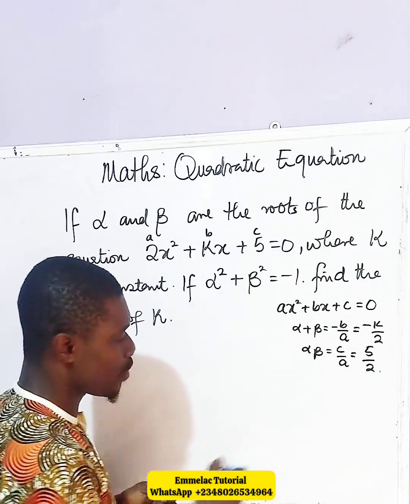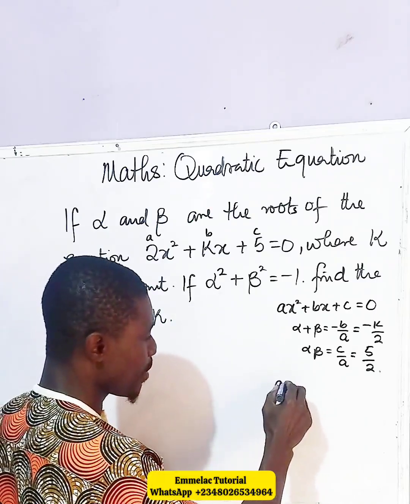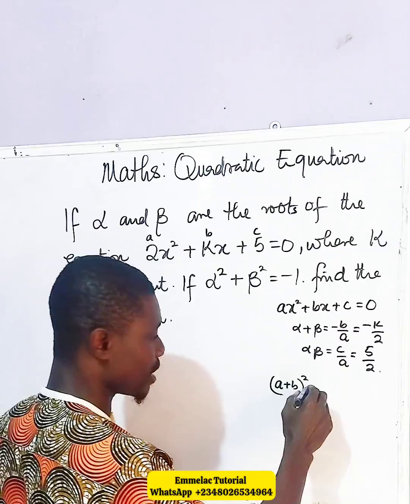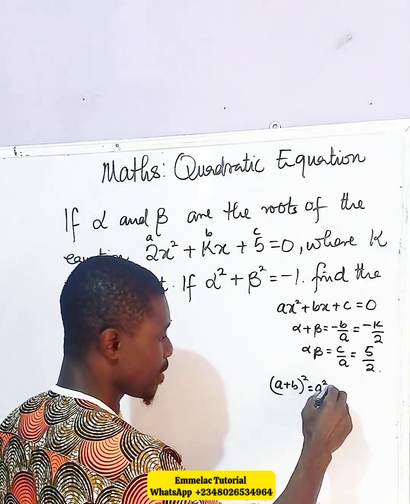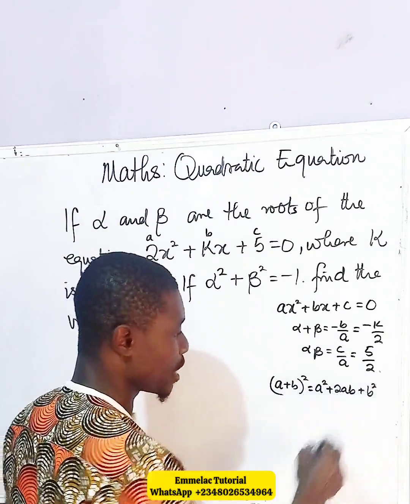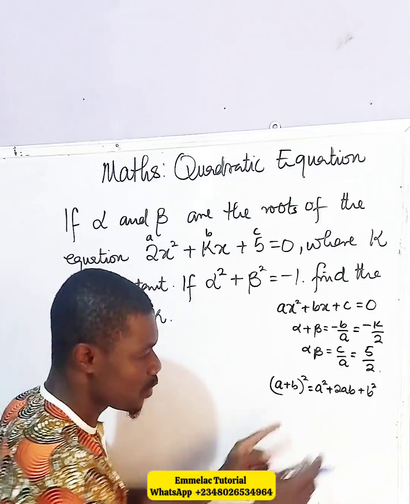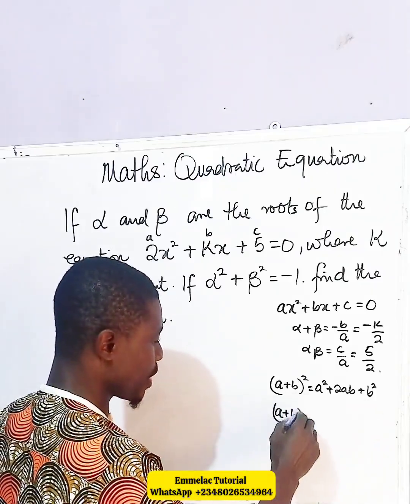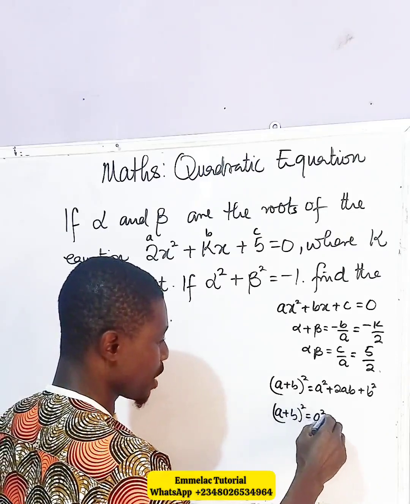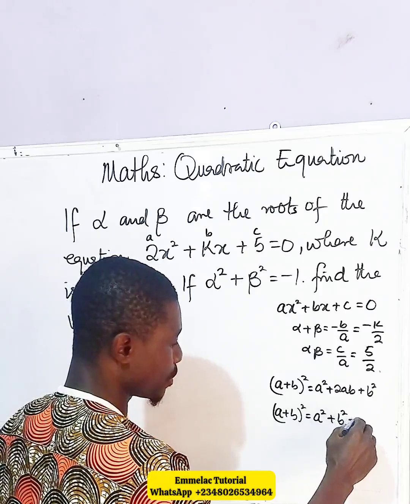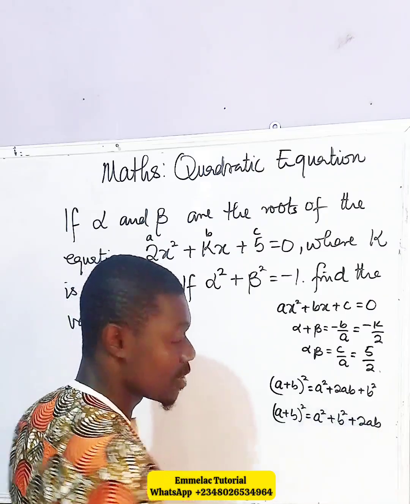Let's take note that if you have a plus b all squared, expanding this is something like a squared plus 2ab plus b squared, right? So what if we rearrange this? This can also be a plus b all squared equals a squared plus b squared plus 2ab, right?